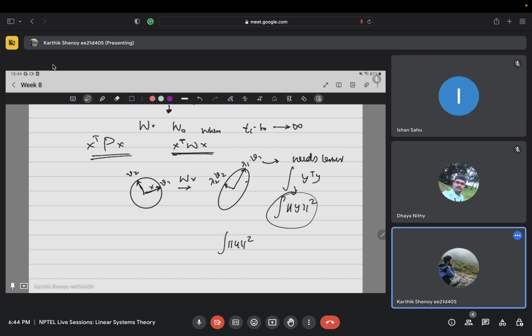Now this direction needs lesser output energy to estimate the states, and this direction needs more output energy to estimate the states. Basically you need more measurements for measuring states along this direction, for a longer interval of time. That's what it means.